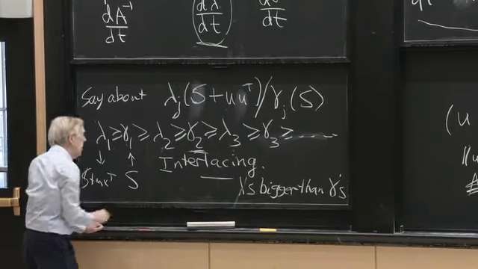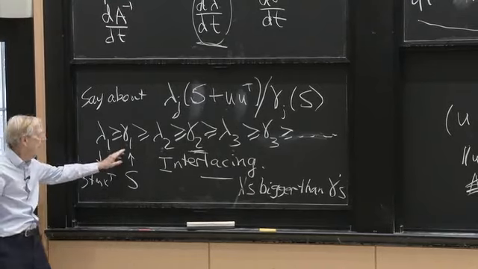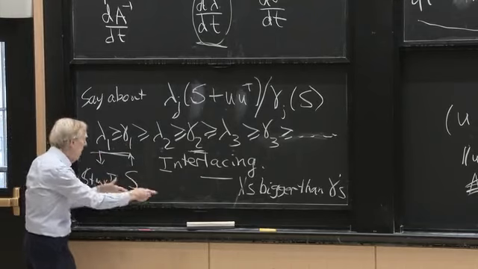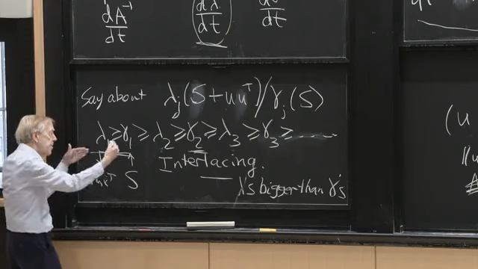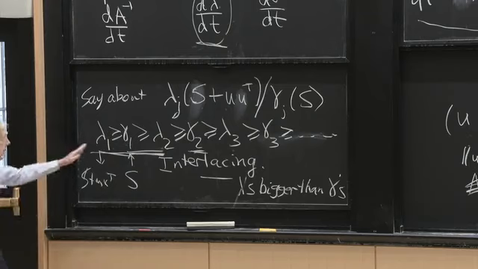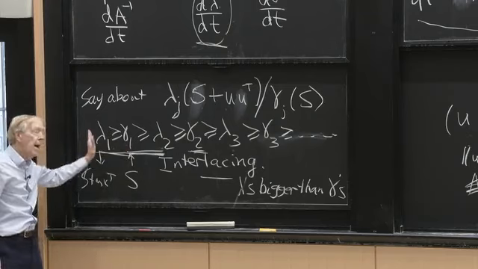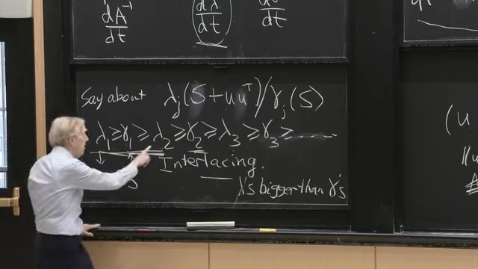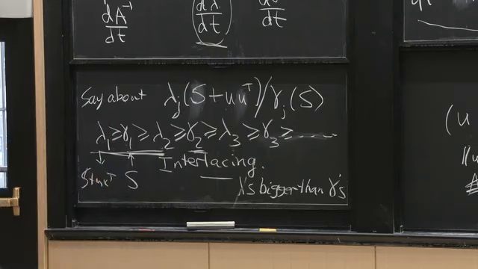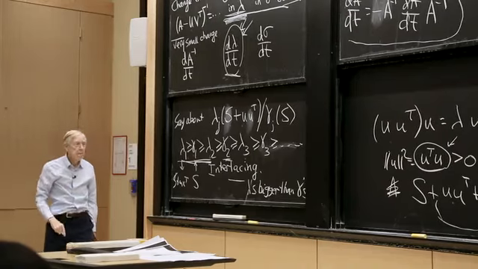Gamma 1 was bigger than lambda 2. That was the point here. This was sort of easy because I'm adding stuff. I expected the lambdas to go up. This is where the theorem is, that it didn't go up so far as to pass gamma 1. Lambda 2 went up, but didn't pass up gamma 1.